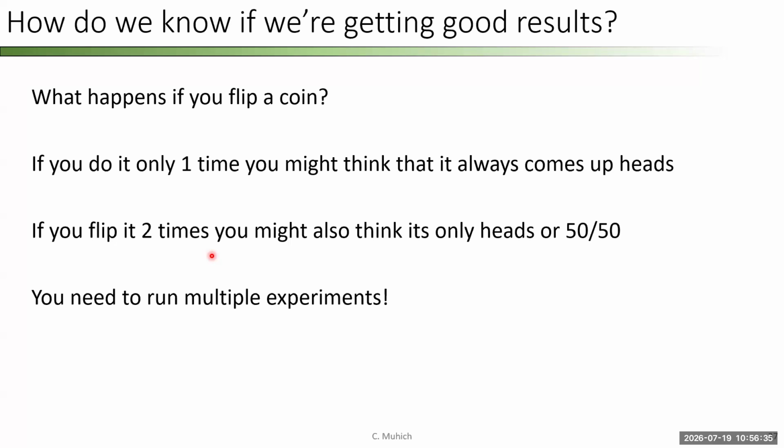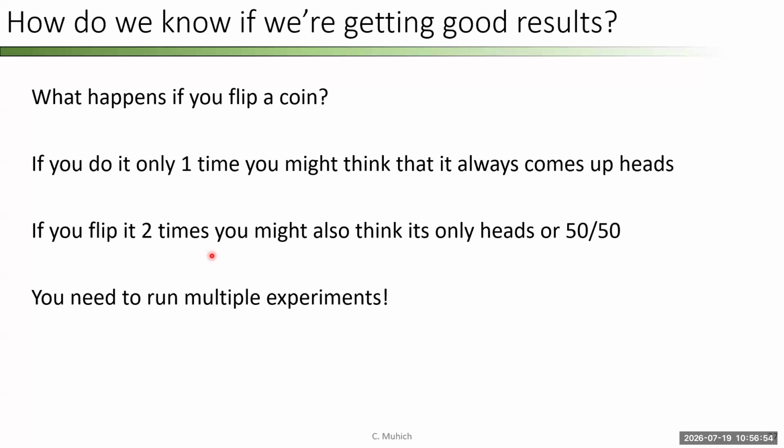But we know intrinsically that is not correct, right? I want to flip the coin multiple times to see what happens again and again and again. And only in doing so will I find that heads comes up 50% of the time and tails comes up 50% of the time.